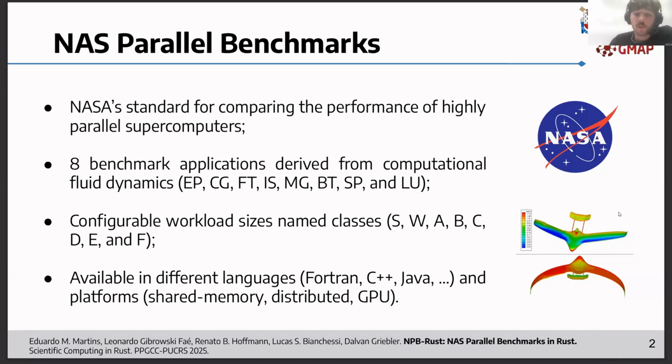The NAS Parallel Benchmarks were originally available in Fortran, in sequential versions, and also with parallel versions for shared memory with OpenMP, and for distributed environments with MPI. Since then, several releases were proposed by the community. So today we have versions for C++, Java, also Python, and for different architectures like GPUs.